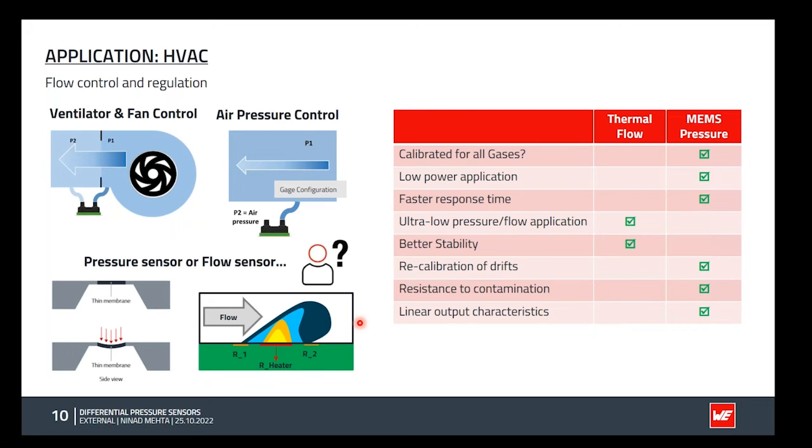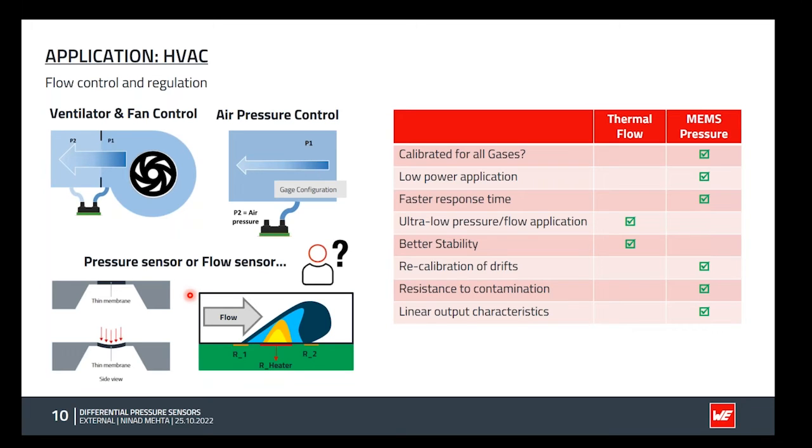This is not the case for the pressure sensors. Also, because there is a heater, it heats up the air and consumes a small amount of energy, and heating of the air also takes a little time. So basically the flow sensors usually have a slower response time and also consume a bit more power compared to the MEMS based pressure sensors.